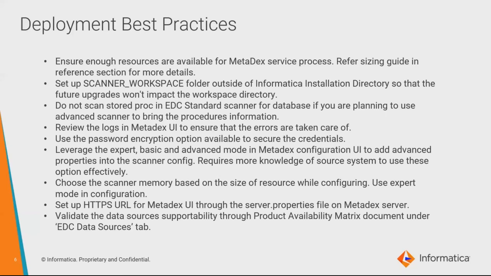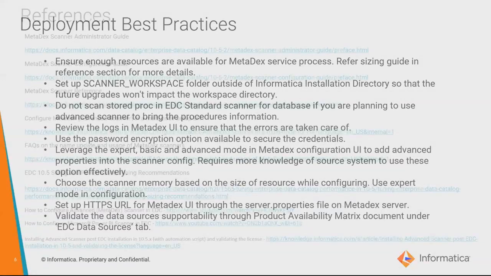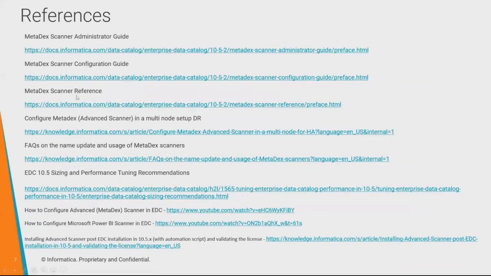EDC data sources is a tab within the product availability matrix. That's where you can see all these different data sources and our support statement for them. Now with that, I am coming to the reference slide section.